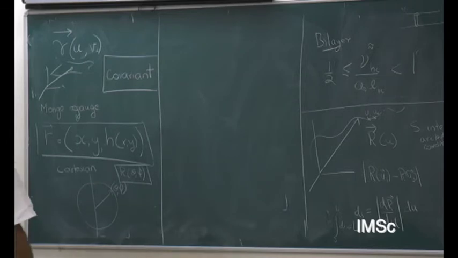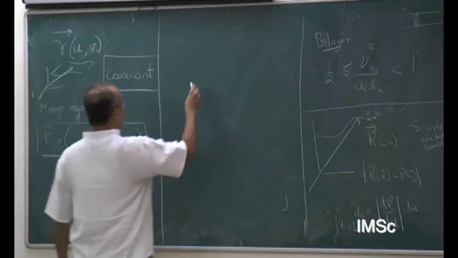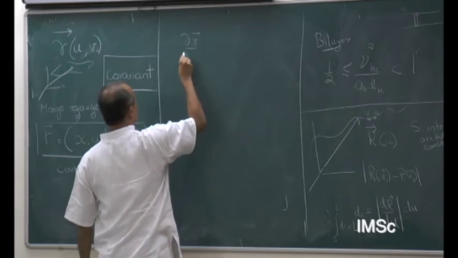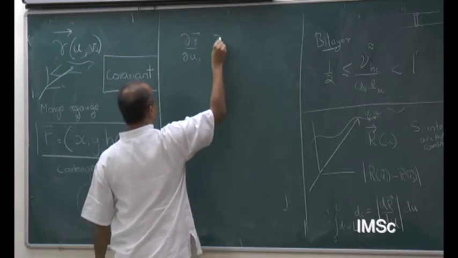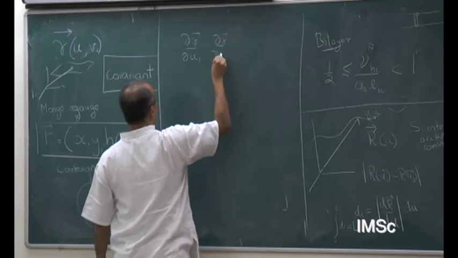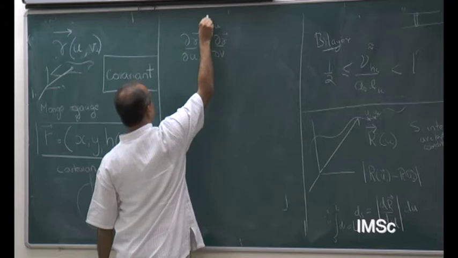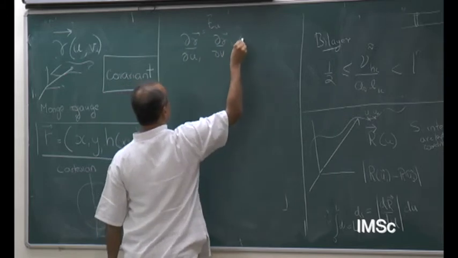Okay, so now given r is a function of u and v, I can define the vector delta r by delta u and the vector delta r by delta v. And these are tangent vectors, say tu and tv.